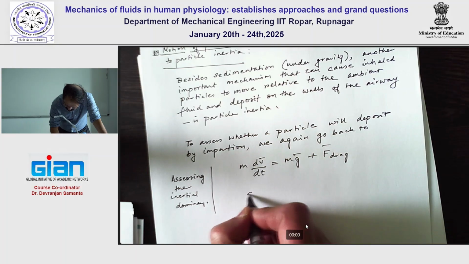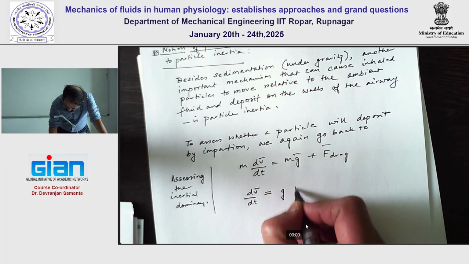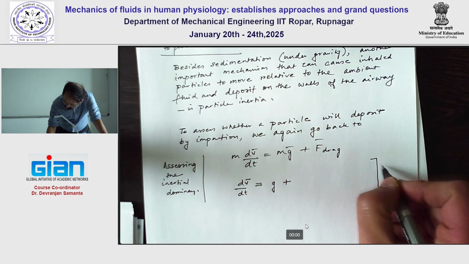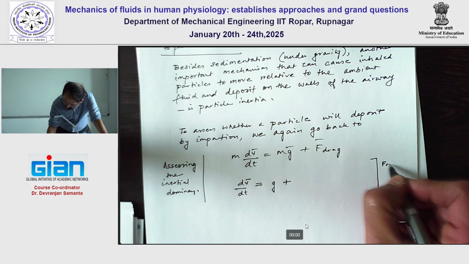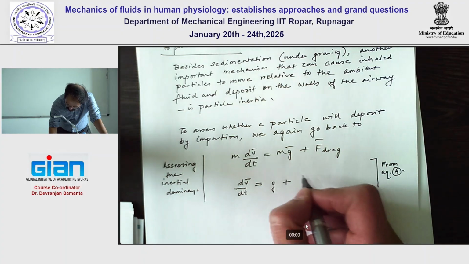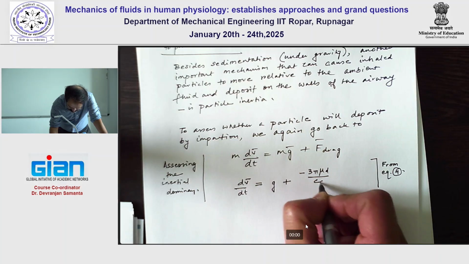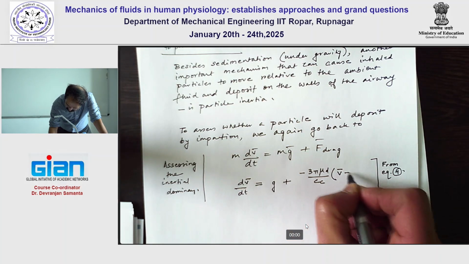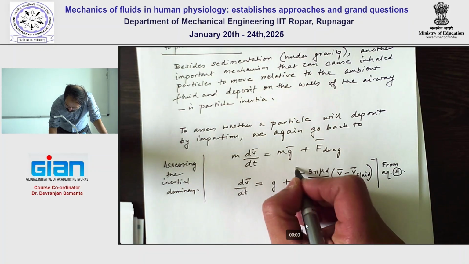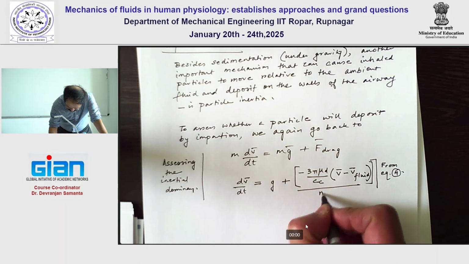So dv/dt is g plus, we are going to use the F drag. So this comes from the equation that I have marked as equation 4 in our notes. So from equation 4, we get minus 3 pi mu d over Cc times (v minus v fluid), divided by m.